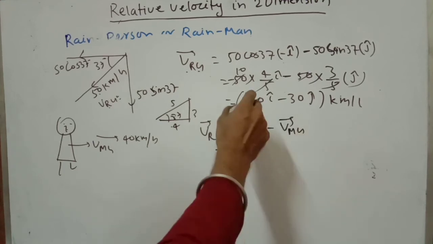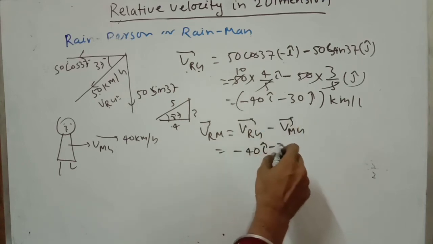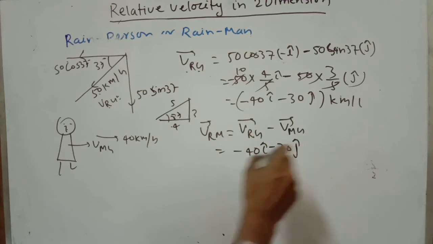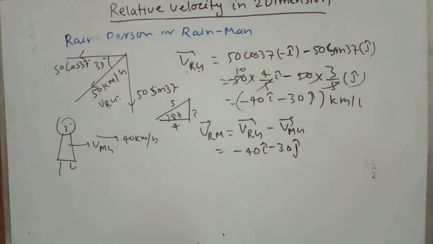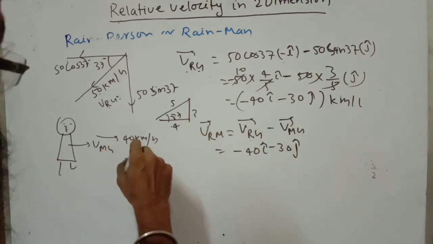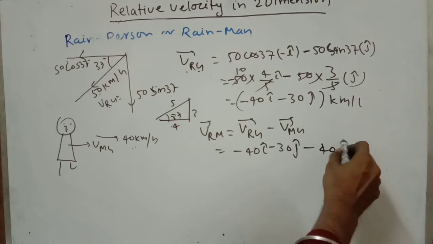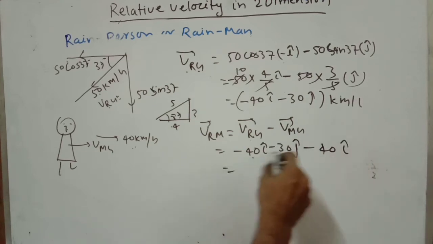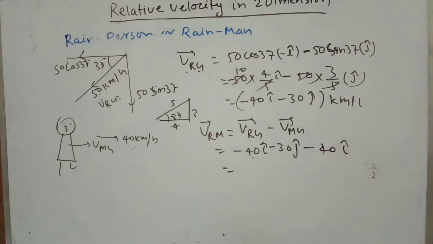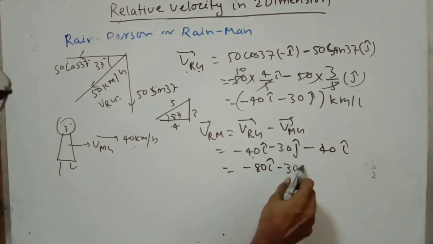Velocity of rain with respect to ground is minus 40 i minus 30 j. The velocity of man with respect to ground is minus 40 i. So minus 40 i and minus 40 i becomes minus 80 i minus 30 j.